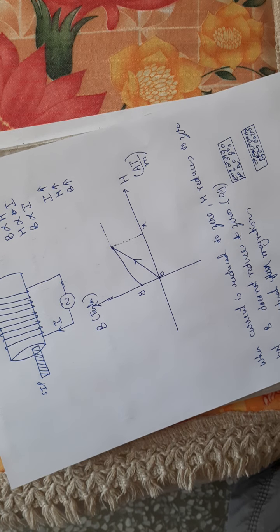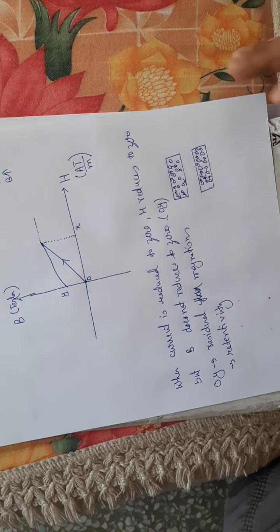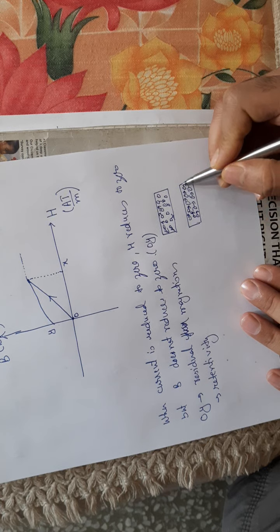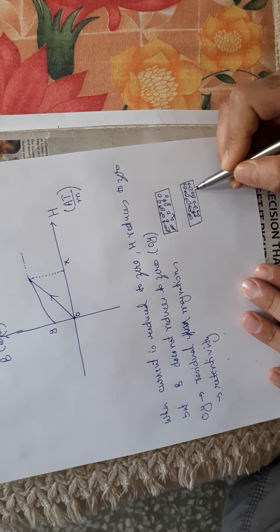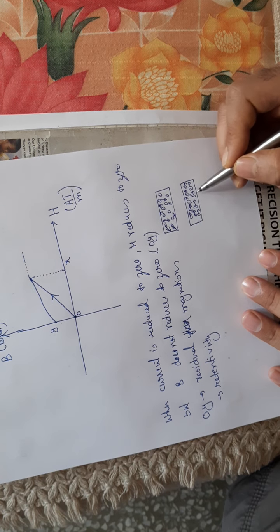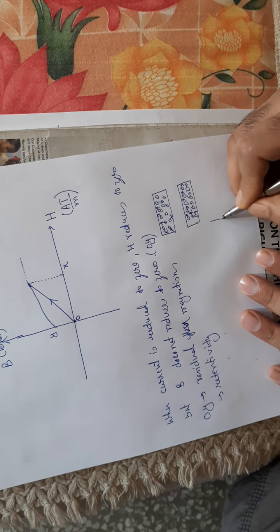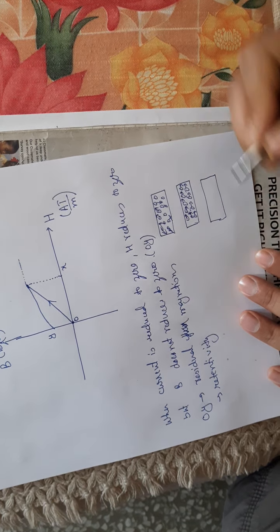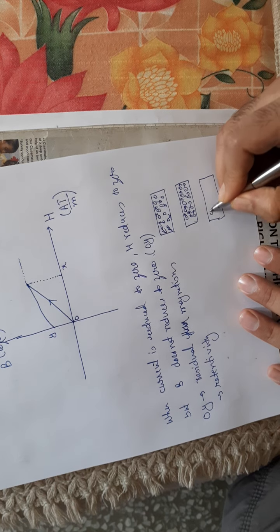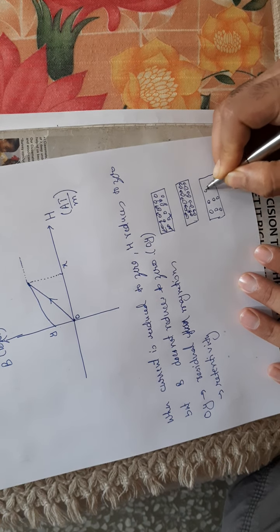Why does this happen? Once all the magnetic domains get oriented, if we start reducing the magnetic field intensity, a stage will be reached when the magnetic field intensity becomes 0, meaning H becomes 0. What will happen at that time?